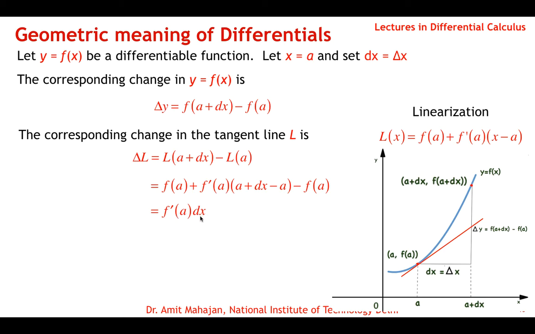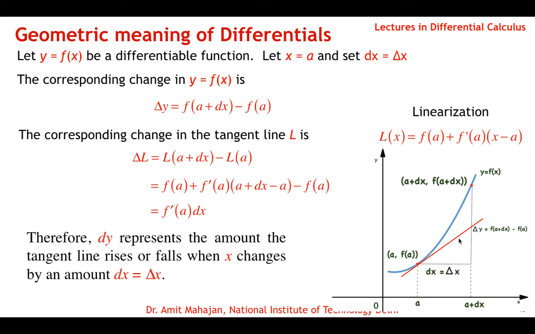So this is nothing but what we said is dy. dy is f dash x dx. If calculated at a point a, then it is f dash a dx. So this height basically is our dy.